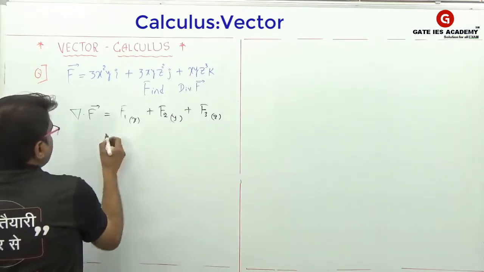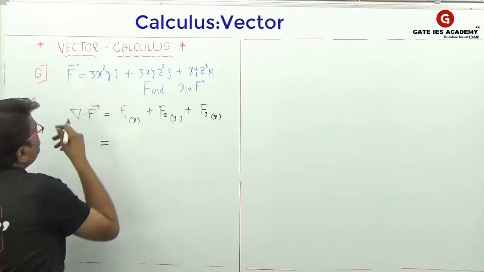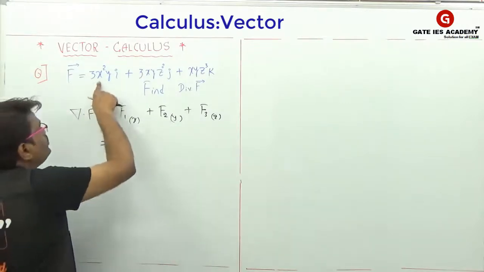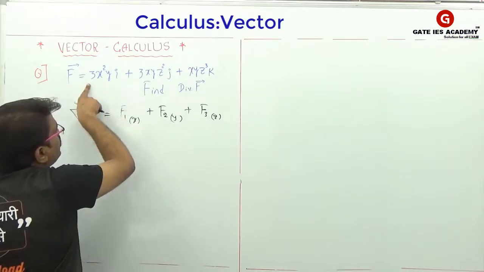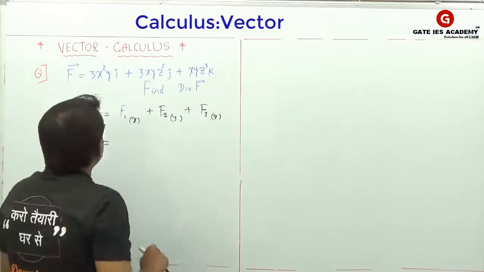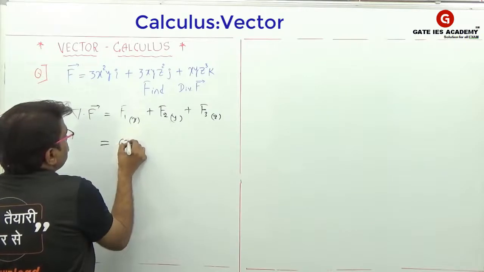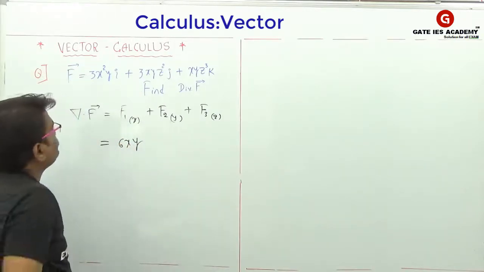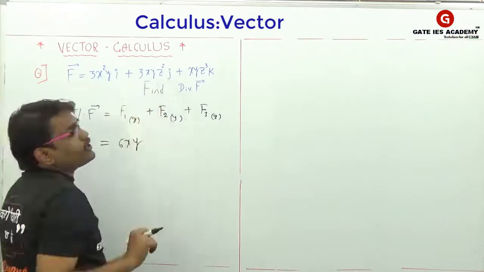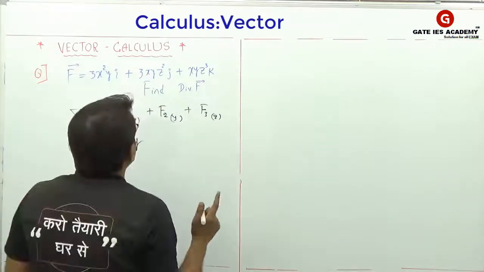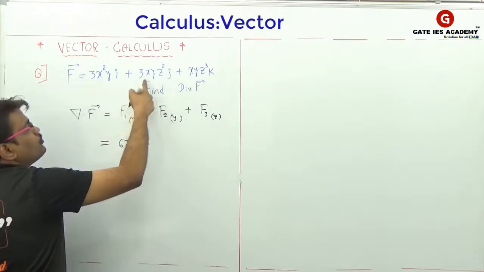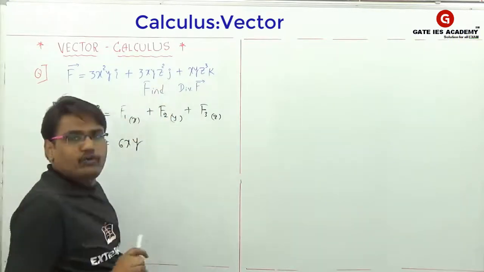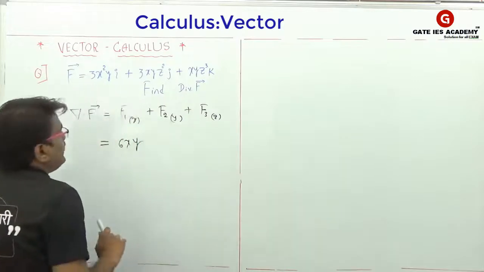So what is f1 with respect to x? Differentiate it. So this will be 2x, right? So 2 into 3, 6xy. So this is 6xy. Now what about this one with respect to y? You need to differentiate. This is f2, right? Now f2 with respect to y.